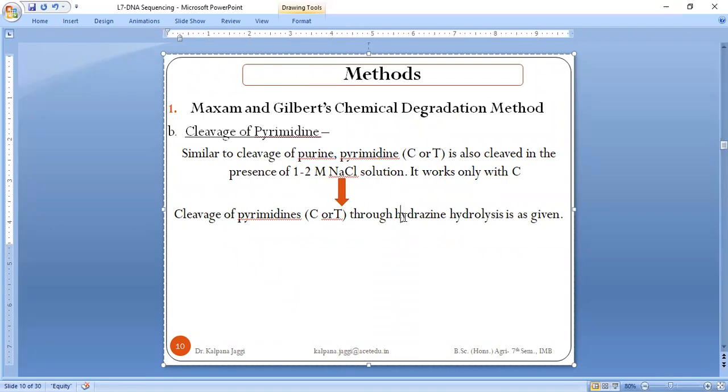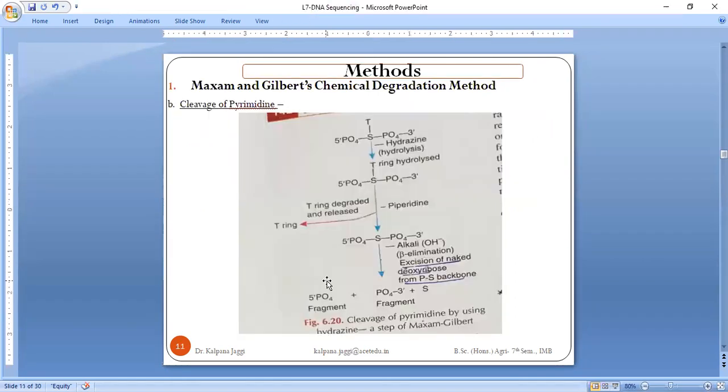Here the hydrolysis is done by the addition of a chemical called hydrazine, right? So here we have thymine. After the addition of hydrazine, this ring is hydrolyzed, degraded and released, and later on again we give the alkali treatment, which results in the fragmentation of this sugar phosphate.